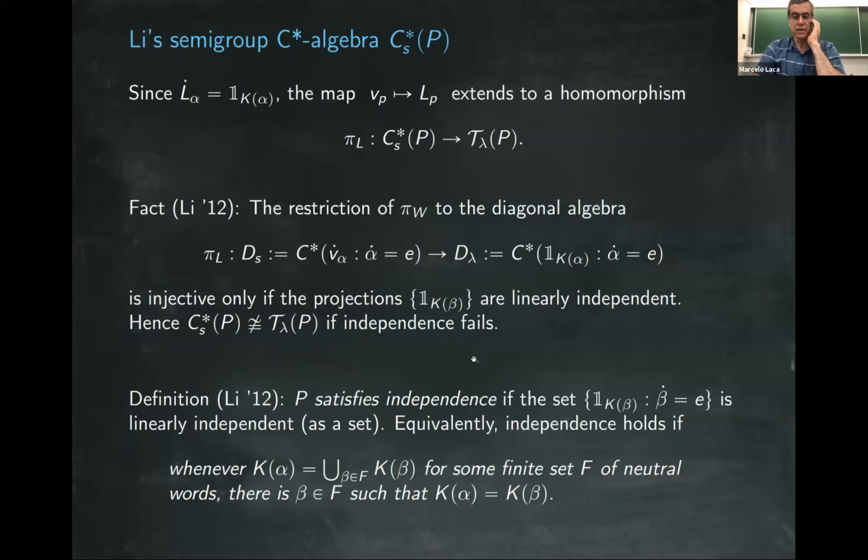They have to be linearly independent, which seems like a reasonable assumption, but it's not always true. So if independence fails, the C-star algebras are not isomorphic, simply because the diagonals are not isomorphic.